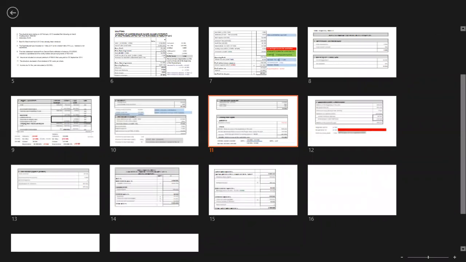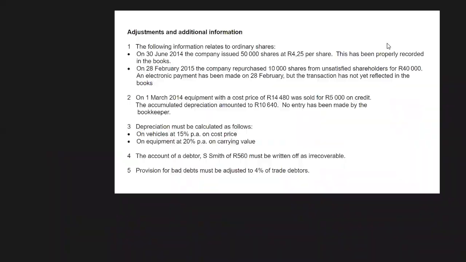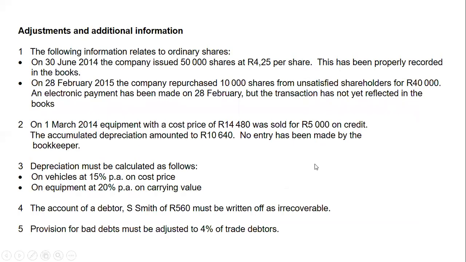Now, I'm still in the first adjustment. It says on the 30th of June, we have done that already. Okay, it says on the 28th of February 2015. Okay, this is right at the end of the financial year. The company repurchased. Repurchased means we are getting our shares back and we are giving the shareholders their money back.